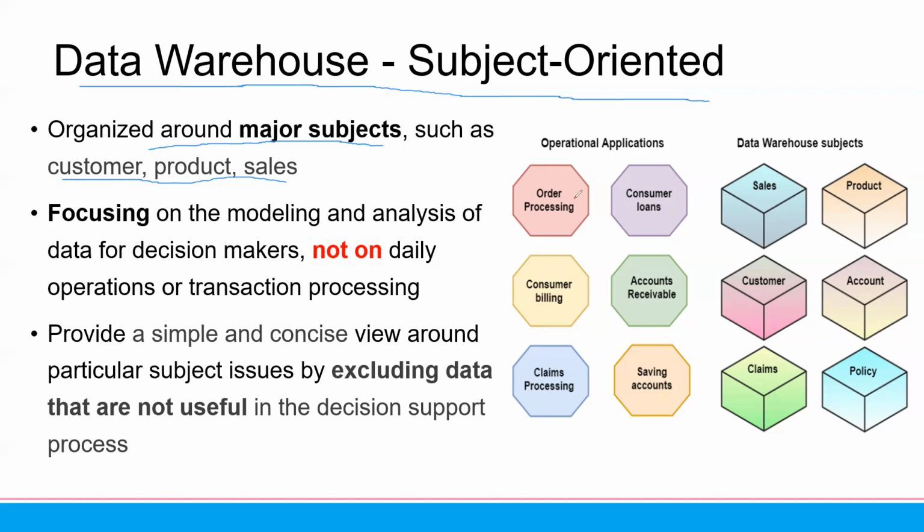If you are dealing with sales, the operational applications will be order processing, consumer loans, consumer billing or accounts receivable, claims processing, saving accounts. All those are related to the operation.